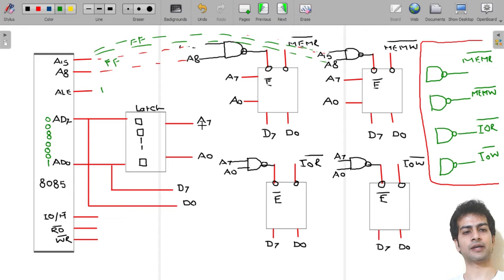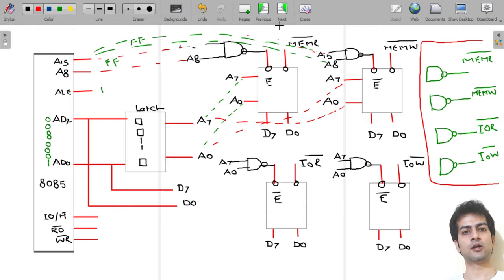This lower order address bus is connected with this memory, and it is also connected with the second memory, hardwired.